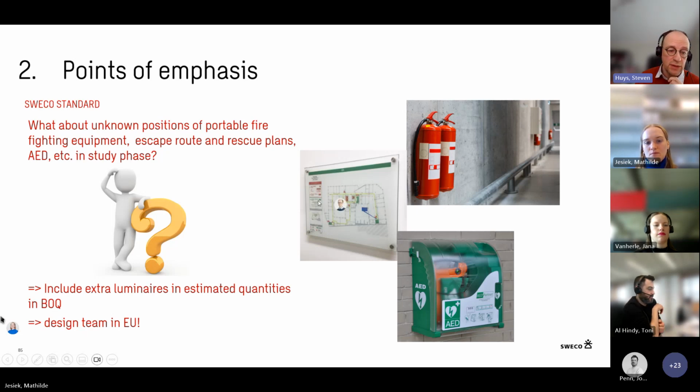So it's better to include extra luminaires in the estimated quantities in the bill of quantity, because for sure you don't have a clue where they're going to hang these rescue plans and this AED equipment. I think it is not known in the study phase. So just make sure you have the budget in your project and you include some extra luminaires in your bill of quantity.